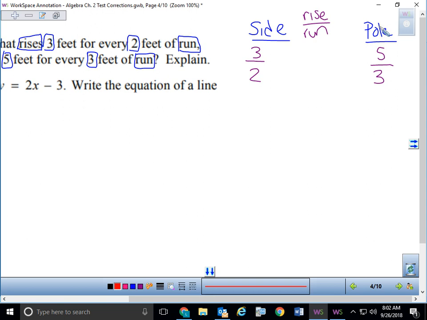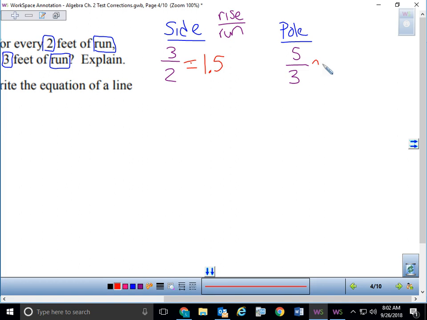So if you change your fractions here to decimals, 3/2 is the same thing as 1.5. It is 1.5, not about, equals 1.5. 5/3, this one is not perfect. This is actually a repeating decimal. So this is about 1.6.